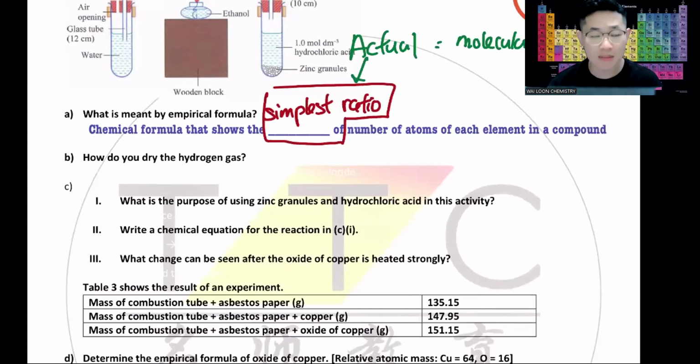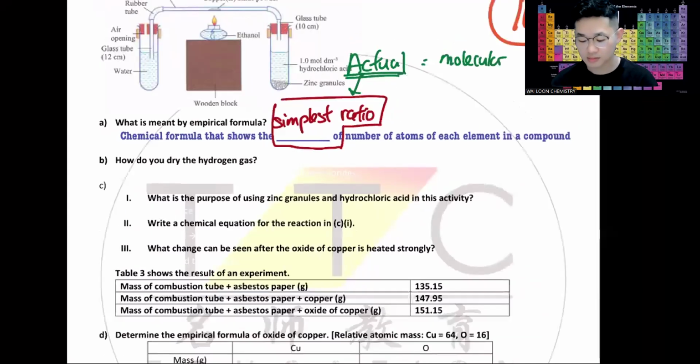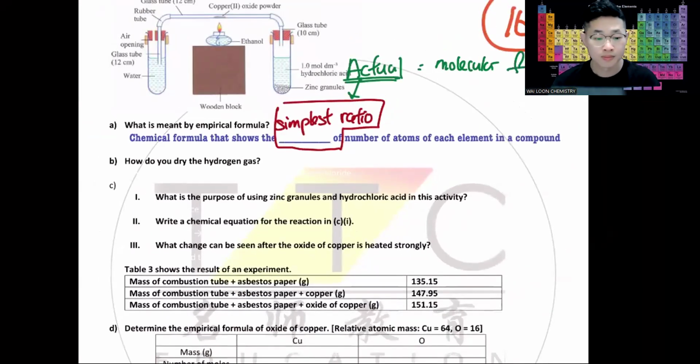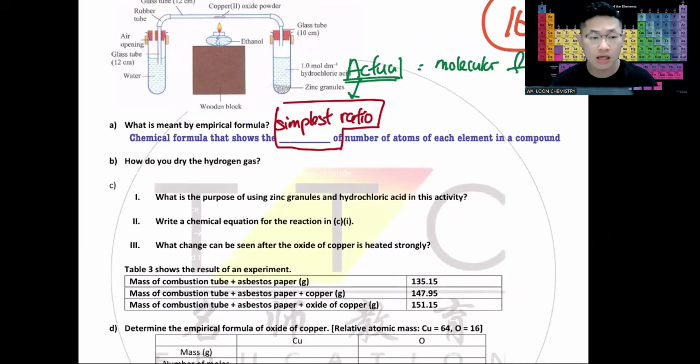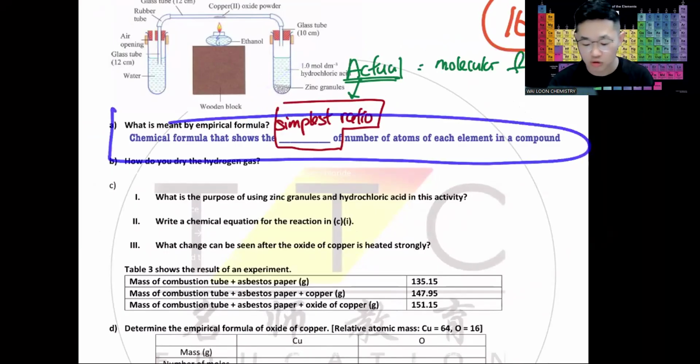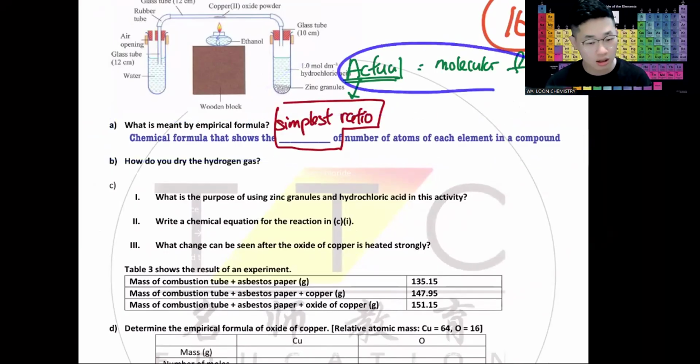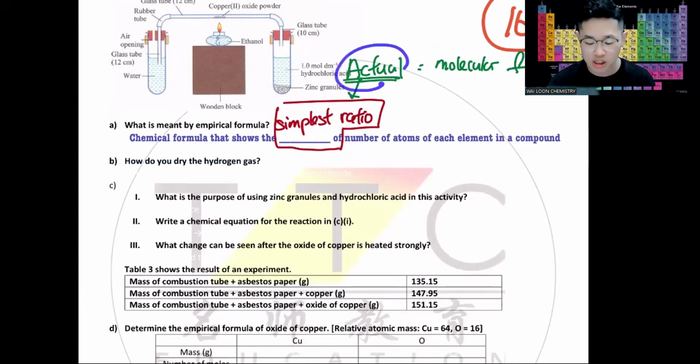Then the rest is the same. So you see, normally I write down the notes like this, so when I do my revision, I can do it fast. When I read this question, I get to know, okay, the molecular formula one is just actual changing to simplest ratio of.